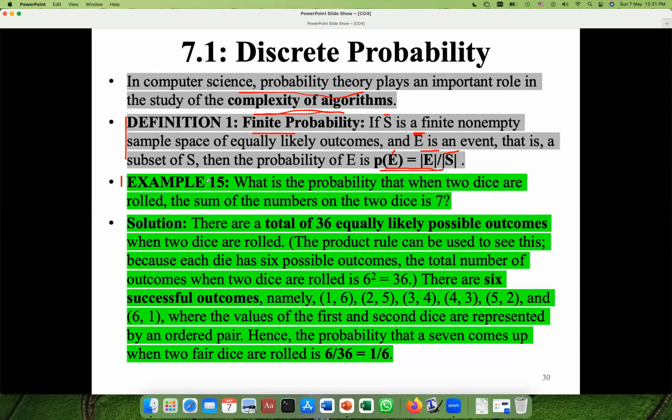So now this is the example. The question is, what is the probability that two dice are rolled and the sum of the numbers on the two dice is 7?